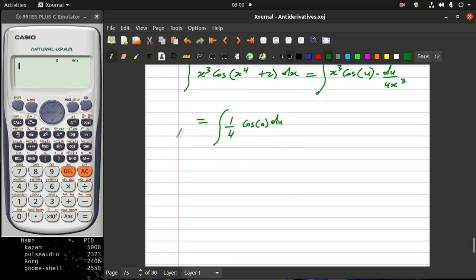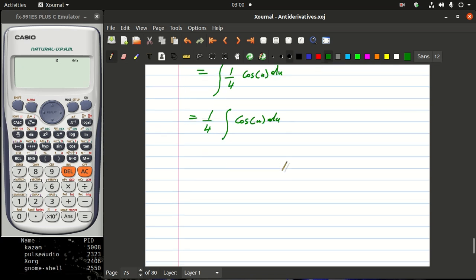The next thing is, 1 over 4 is a constant, so I pull it out of the integration sign, and you are left with cosine of u du. Then the next thing is simple: what is the general antiderivative of cosine of u? I still have the 1 over 4, and this is going to be sine of u, because if I take the derivative of sine, I get cos, not negative cos.